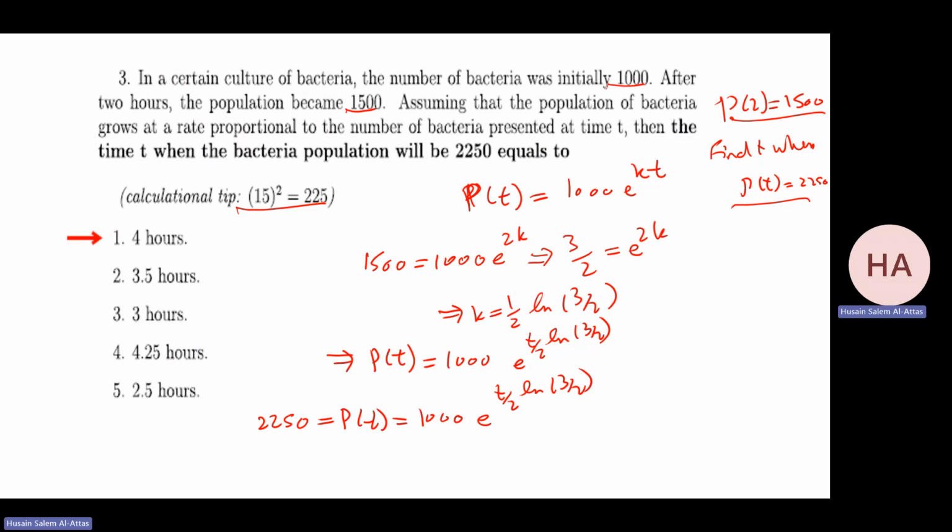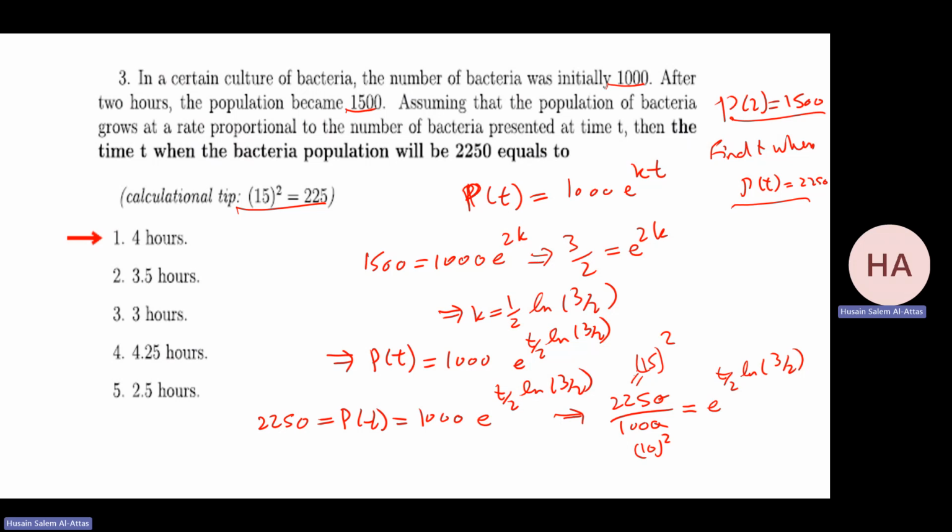That give me what? Be careful with the calculation. Now I divide by 1000. So I have 2250 over 1000 equal e^(t over 2 ln 3 over 2). Let me check this. This is 0 gone. This is 15 square, and this is 10 square. Oh no, 15 over 10.